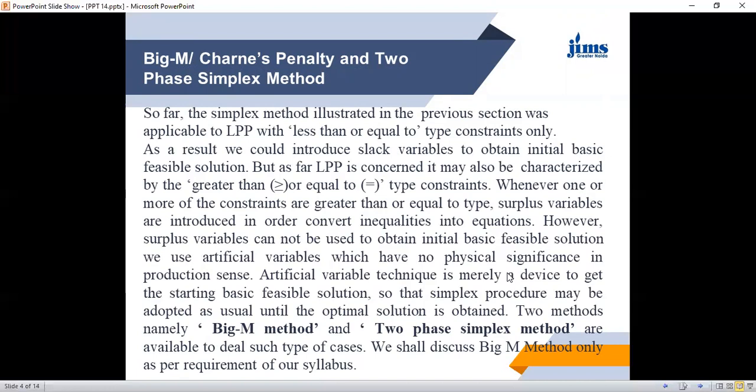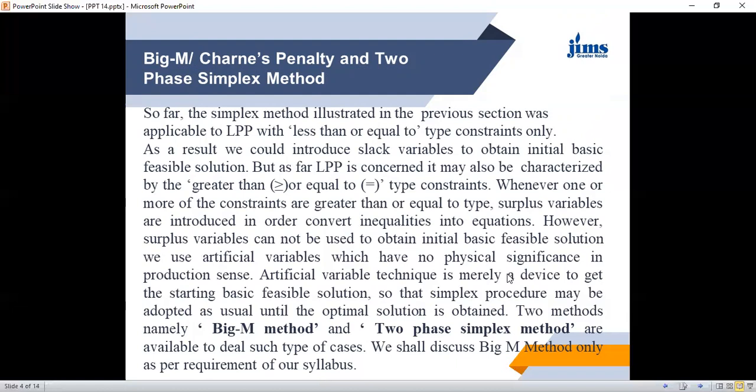When the constraints are of greater than or equal to type, we convert them into equalities by subtracting surplus variables.